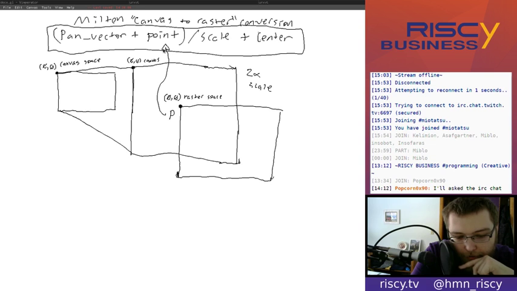Or is that the pan vector? And then, of course, we have our center.